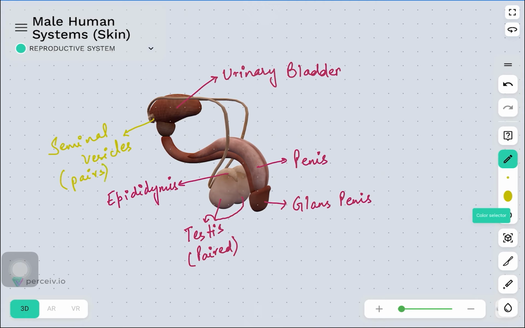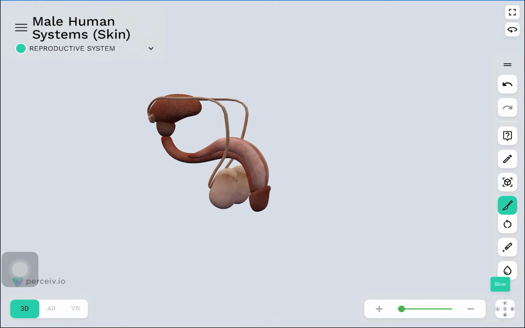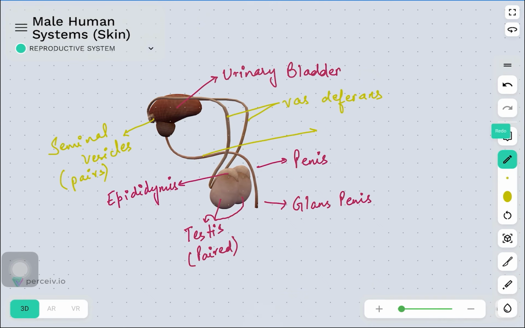We will see all these components individually. Now this represents the vas deferens. This is also an accessory duct, and if we slice out this part, this one represents the urethra.